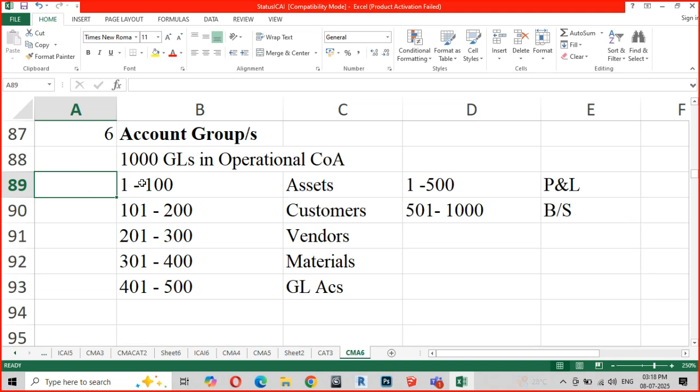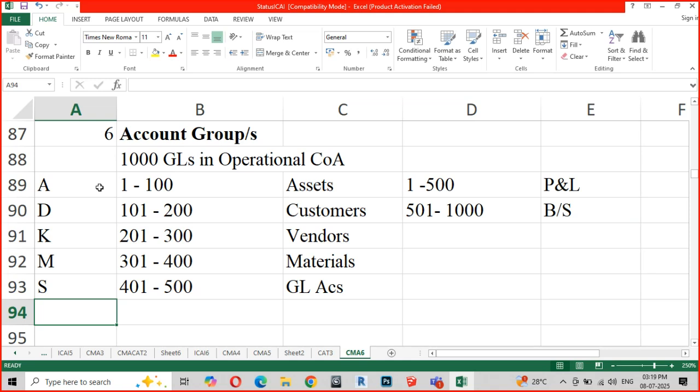Within the account groups, you have account types. A, D, K, M, S. Account type A stands for your assets.